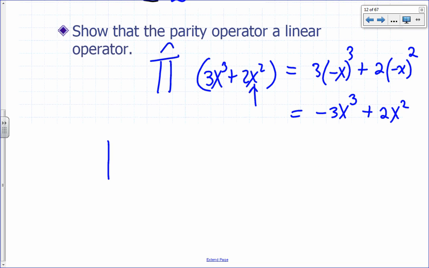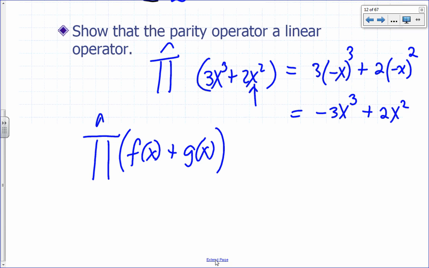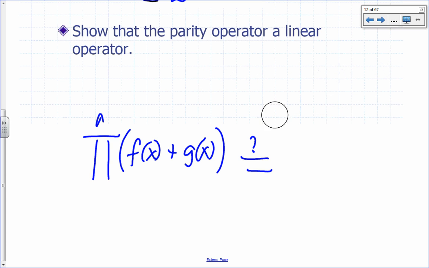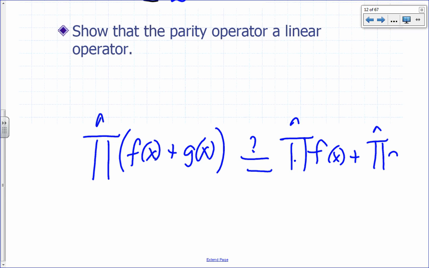So let's do pi hat operating on f of x plus g of x. Is that equal to the parity operator operating on f of x plus the parity operator operating on g of x? So what's the rule? I see an x, replace it by negative x.